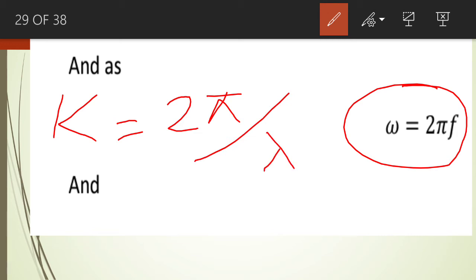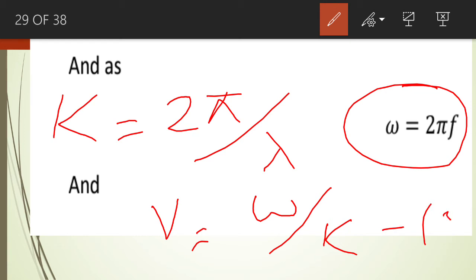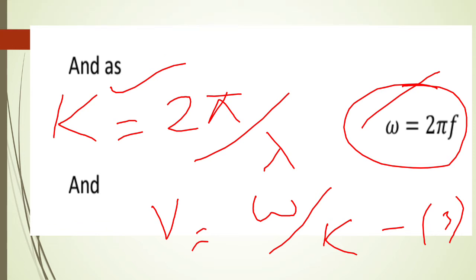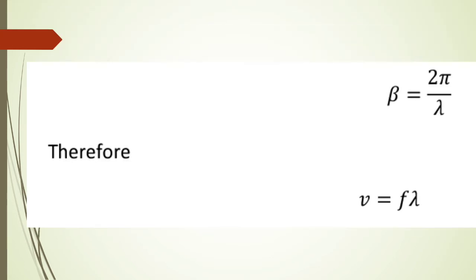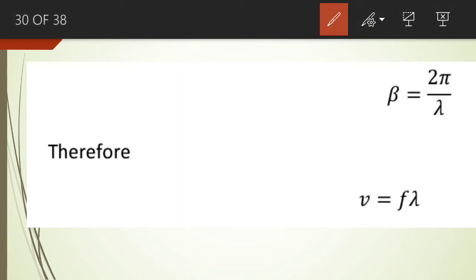As the speed of the wave is equal to omega divided by k, let me call it equation number 3. If we put the value of omega and the value of k in equation number 3, we get another equation for the speed of the wave, which is given over here.